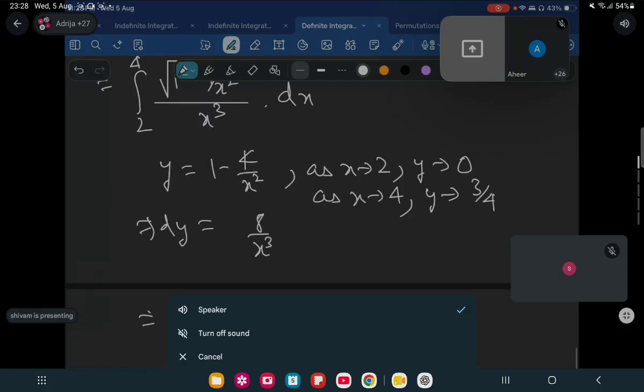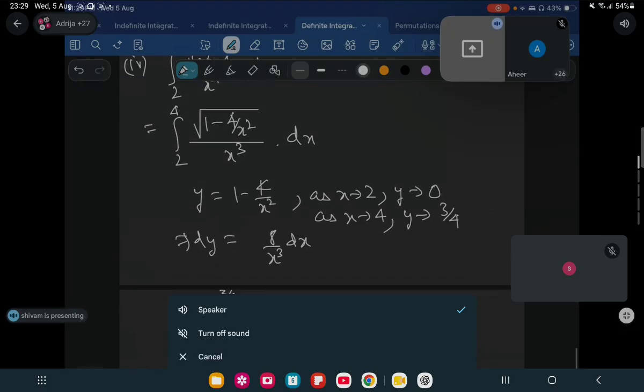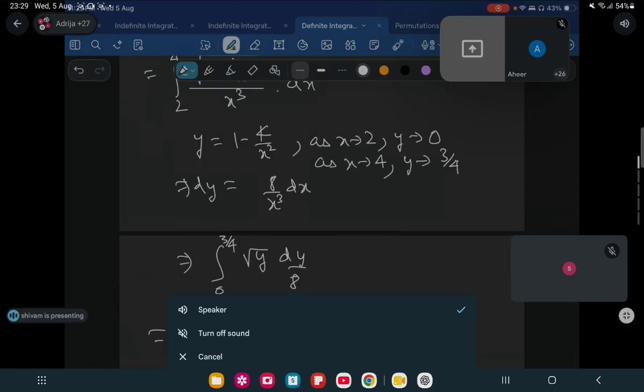So we'll get the integral from 0 to 3 by 4, root y into dy by 8. 1 by 8 will be outside. y to the power 3 by 2 divided by 3 by 2. We have to substitute from 0 to 3 by 4.